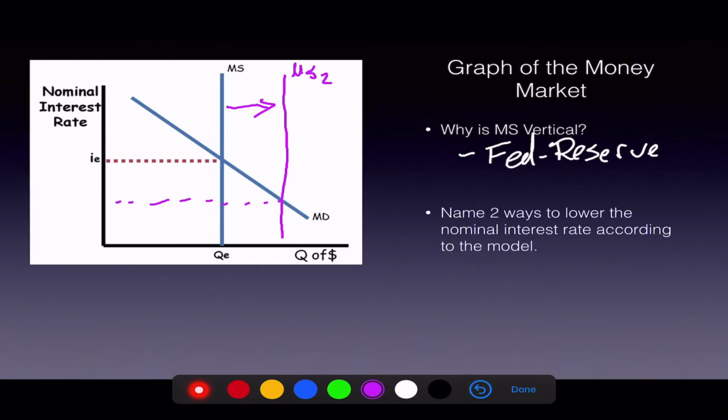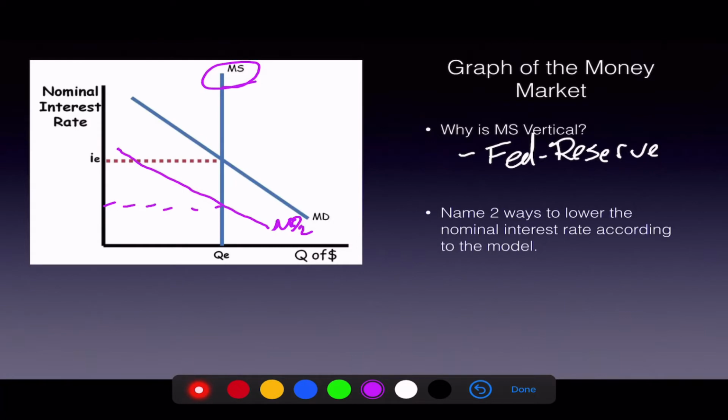The other thing I could point out, though, is that in addition to increasing the money supply, if, for example, the money demand were to decrease, that would also result in a lower interest rate. So changes in the nominal interest rate are either going to be a result of a shift in money supply or a shift in money demand. The Federal Reserve is in charge of the money supply, and therefore that's what they are going to adjust to make changes to the interest rate.